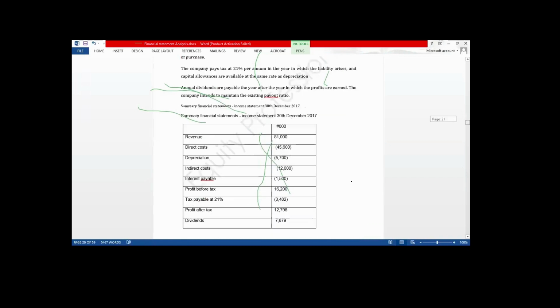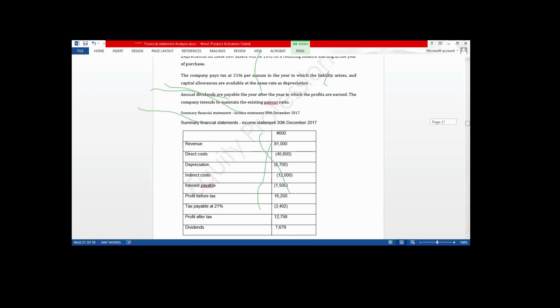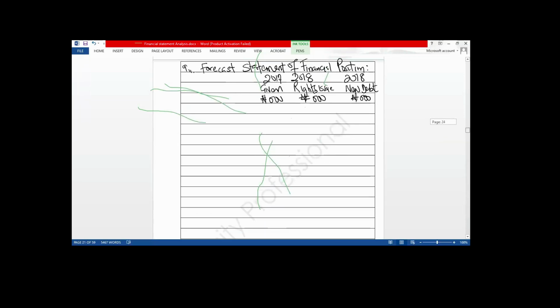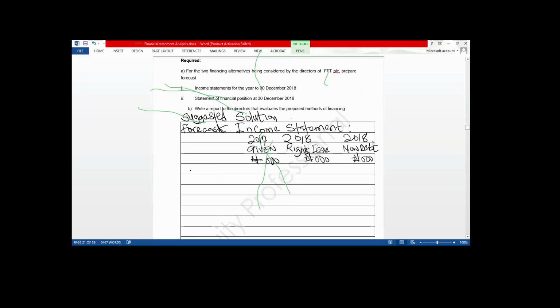Now go and check the income statement. What was the revenue for 2017? 2017 revenue, 81,000 naira. Examiner said this will increase by 10%. Revenue is an item of the income statement. In 2017, revenue was 81,000.